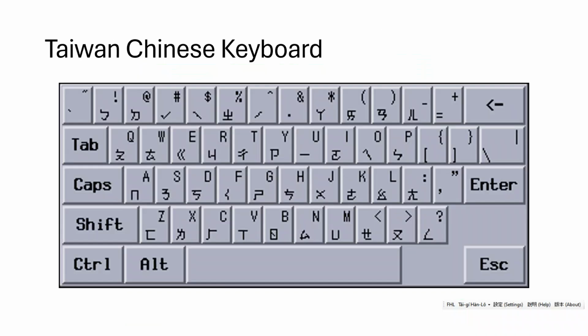And I will explain why Taiwanese people type the tone on the top of the letters. Because in the Taiwanese Chinese keyboard, they actually do that. They put their tones on the number row. So there is some similarity.